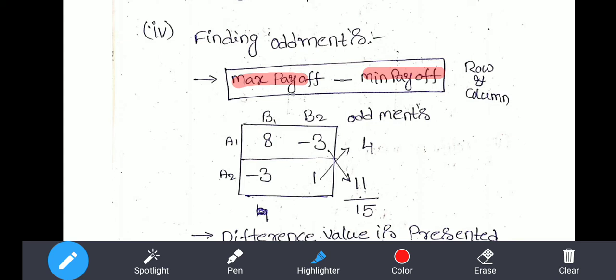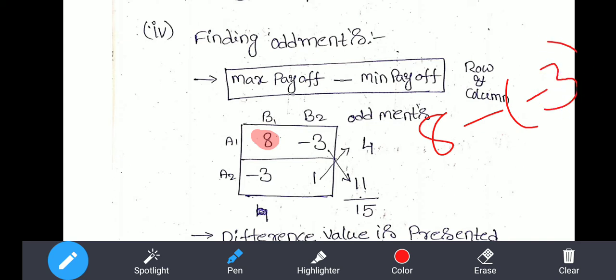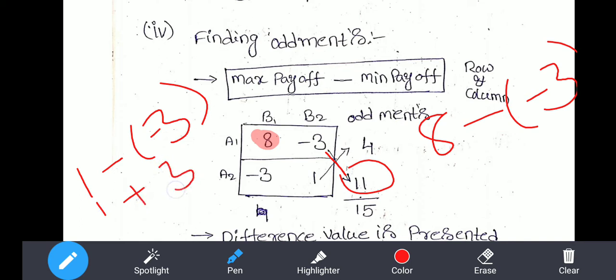Maximum payoff will be 8 minus -3, so that will be 11, which can be represented in the opposite position. The next one is A2. In A2, the maximum payoff will be 1 and the minimum payoff will be -3. So 1 plus 3 will be 4. That can be represented in the opposite position.